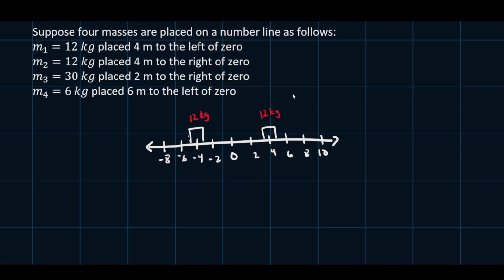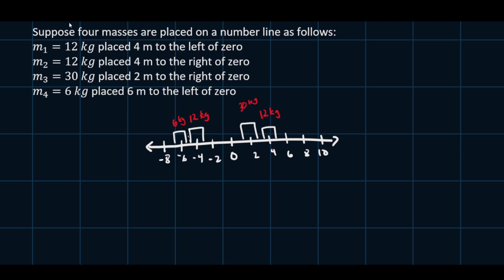Yung third object natin, 2 meters to the right. Ang mass naman nito ay 30 kilograms. And lastly, we have an object 6 meters to the left of 0, having a mass of 6 kilograms. So, ganito yung ating scenario.